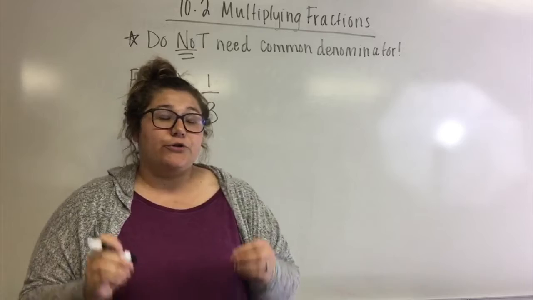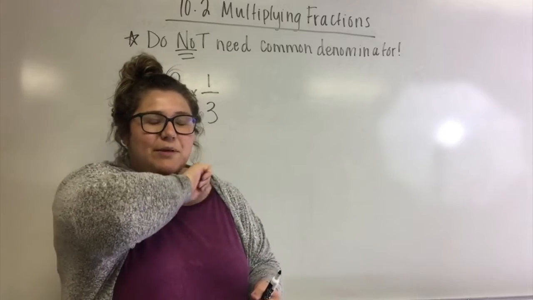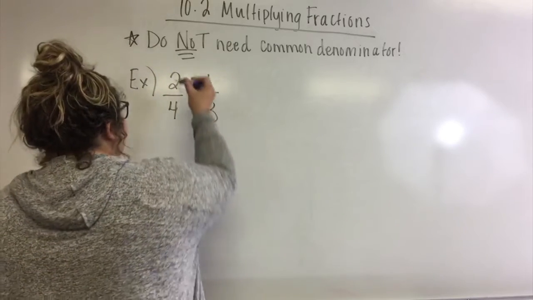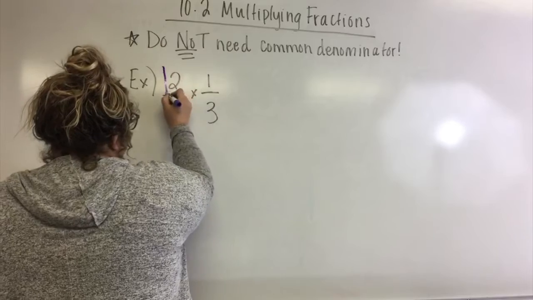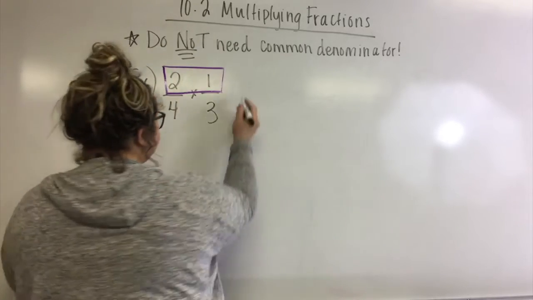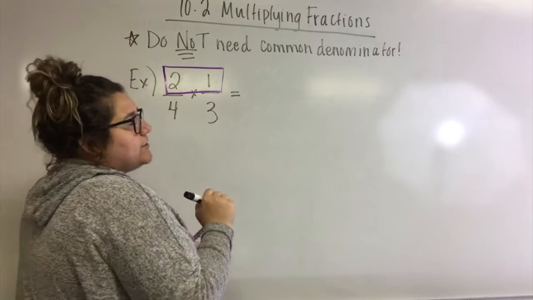And you want to know the cool thing about multiplying fractions? You just multiply across. So first, we're going to multiply our numerators together. First step, multiply the numerators together.